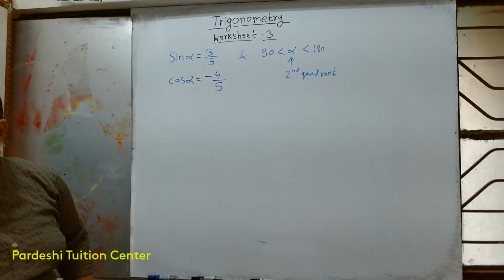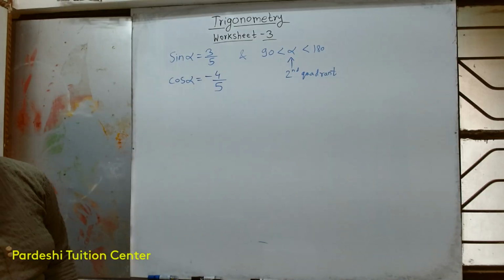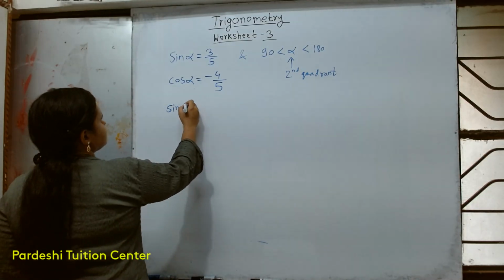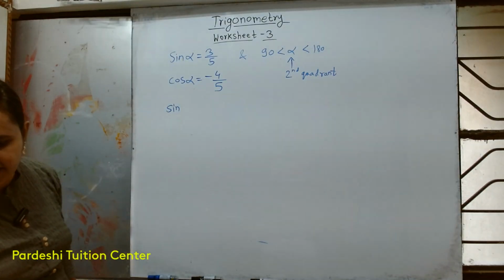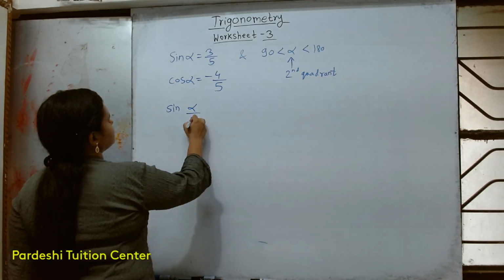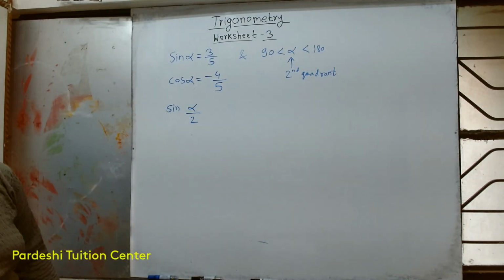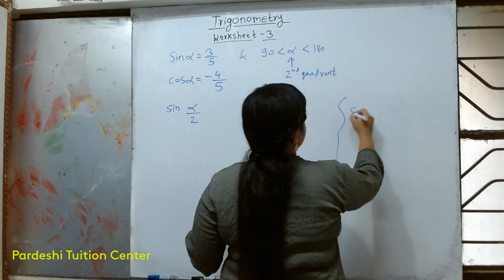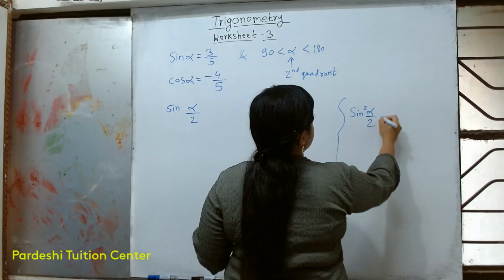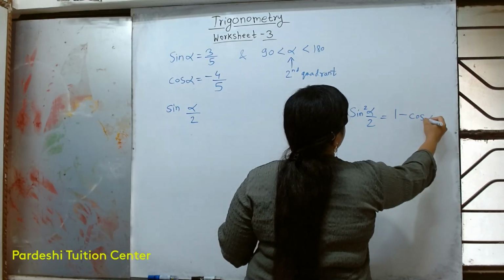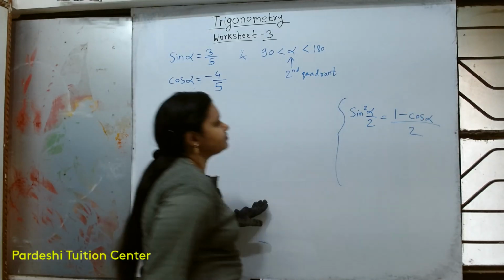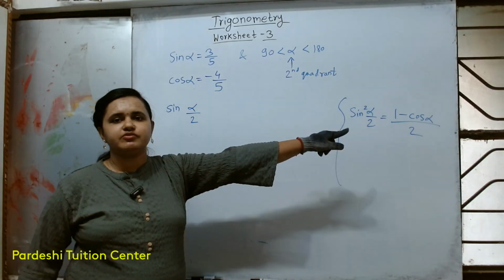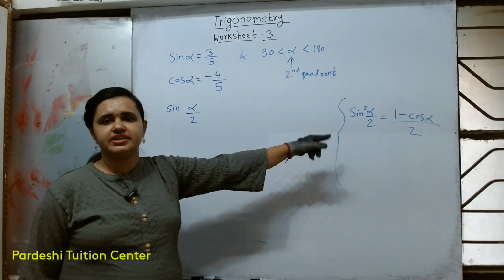Now we have to calculate sin alpha by 2. Do you remember the formula for sin square alpha by 2? Sin square alpha by 2 is 1 minus cos alpha by 2, it is the formula.